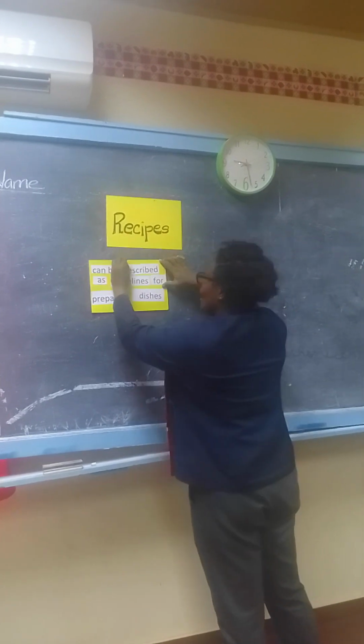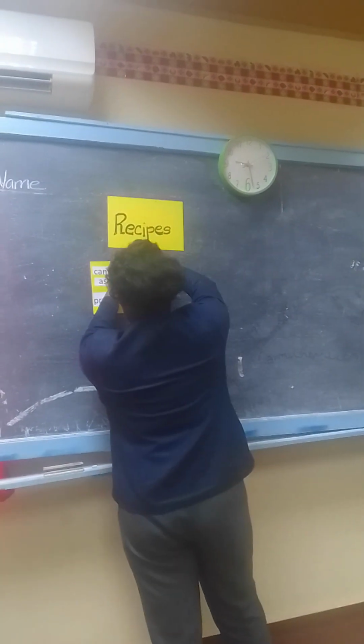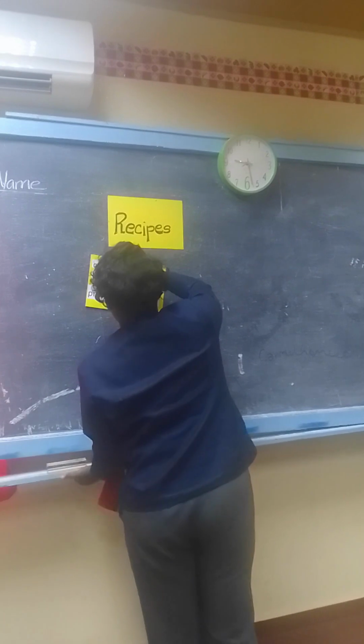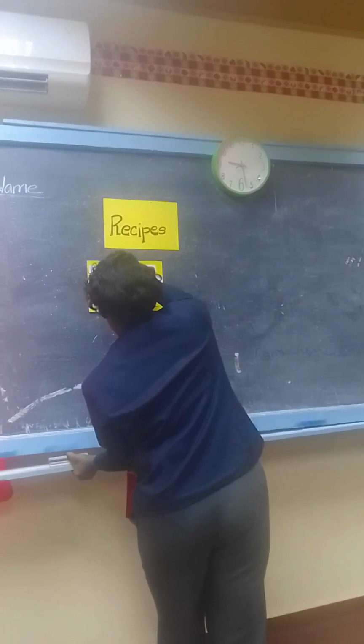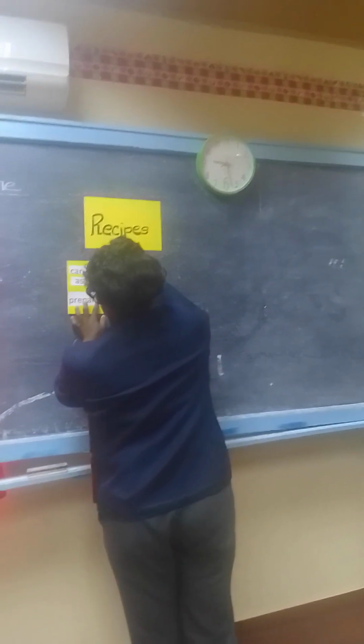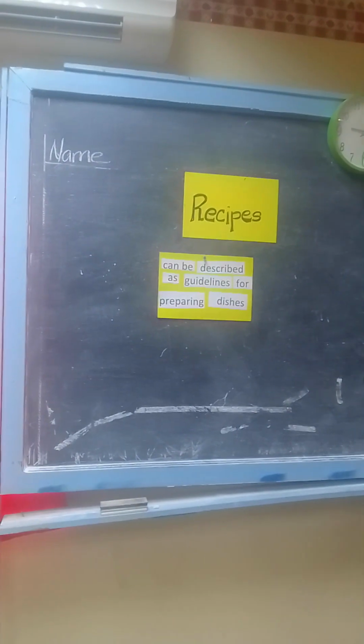Yes, Miss. Right, so recipes are guidelines for preparing dishes. And that's exactly what we have on display there. Guidelines that will help us to prepare different dishes. Alright, so please make a note of that in your books before we move on.